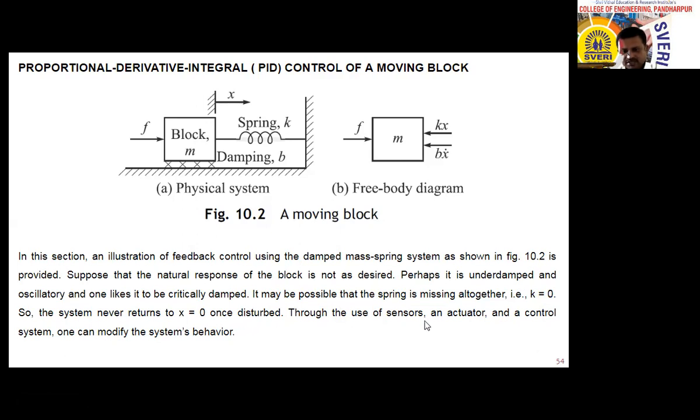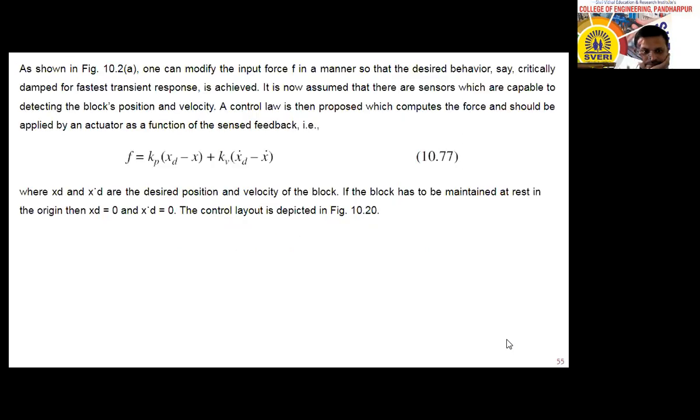Through the use of sensors, an actuator, and a control system, one can modify the system's behavior. As shown in figure 10.2a, one can modify the input force F in a manner so that the desired behavior, say critically damped, for fastest transient response is achieved.